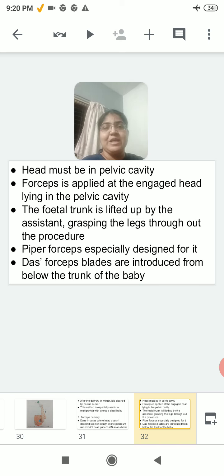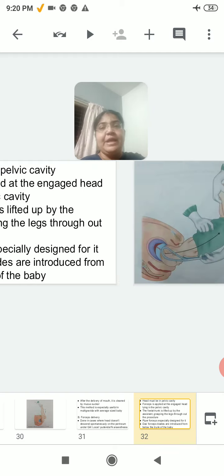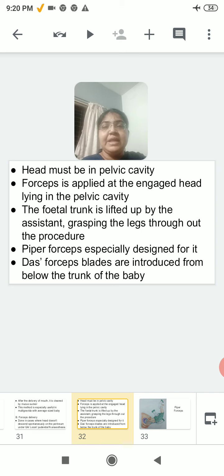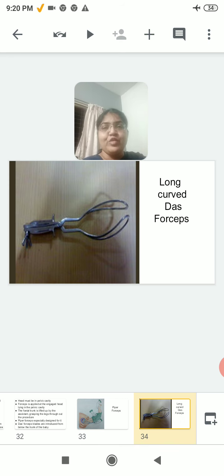Piper forceps are specially designed for it. You can see this is the Piper's forceps. It is specially designed for the delivery of the aftercoming head. Another well-known forceps is the Das forceps. These Das forceps blades are introduced from below the trunk of the baby. See, this is the long curved Das forceps.